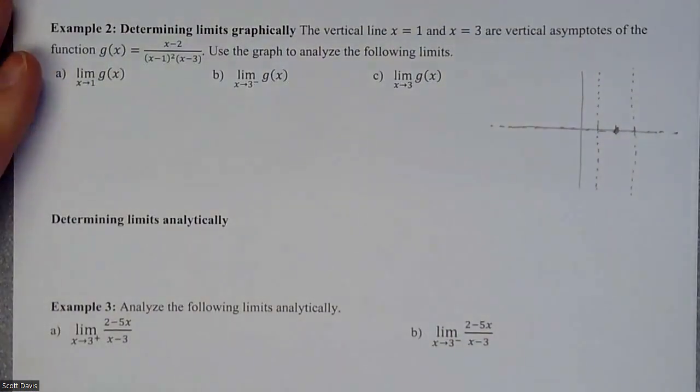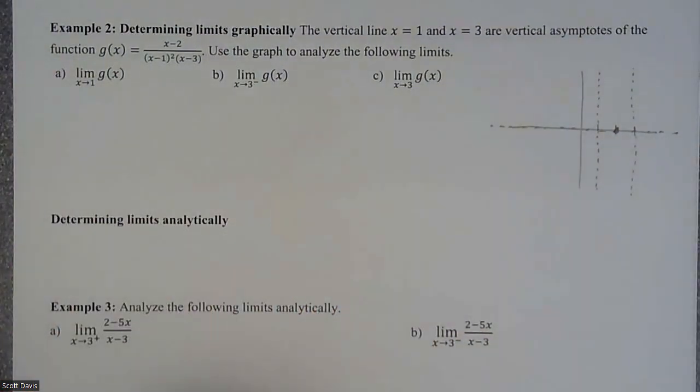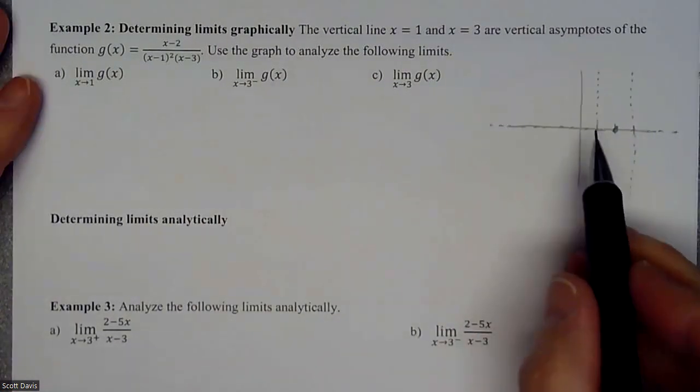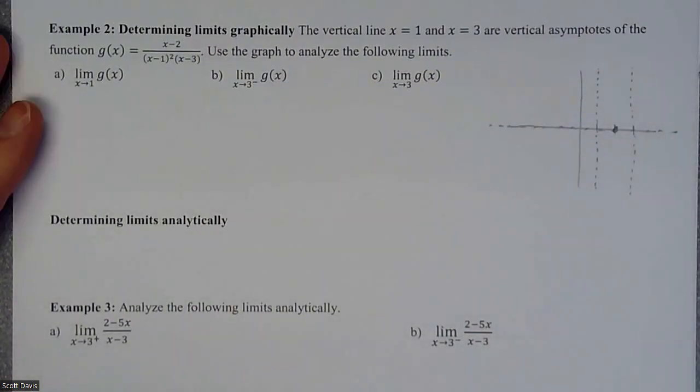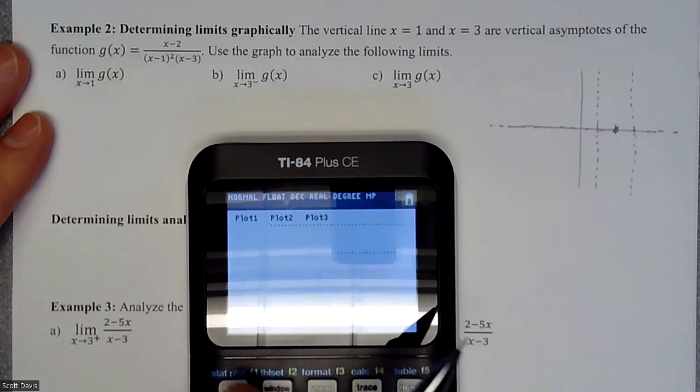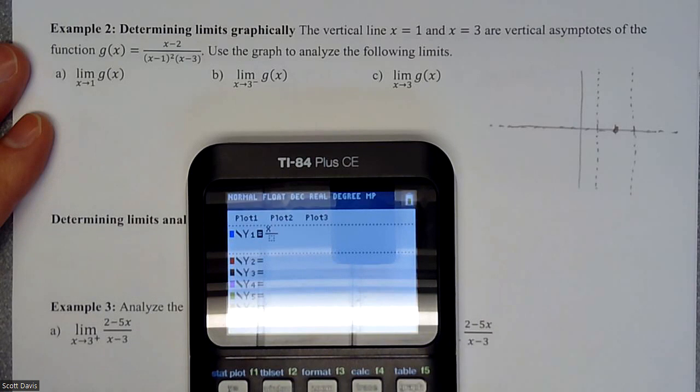And then basically, in order to figure this out, we'd have to plug in some values and things like that. So let's finish it off with just throwing them up. So we have an x minus 2 on the top. We have an x minus 1 squared and an x minus 3 on the bottom.